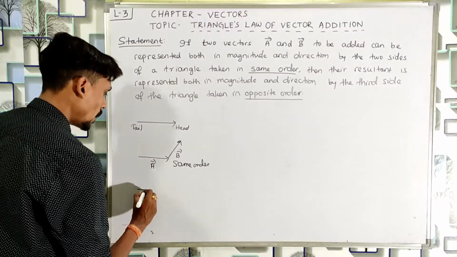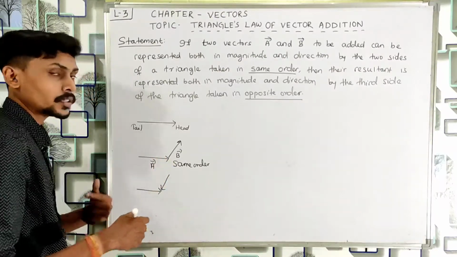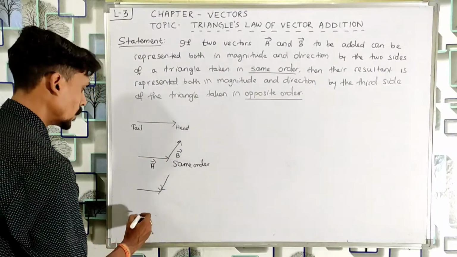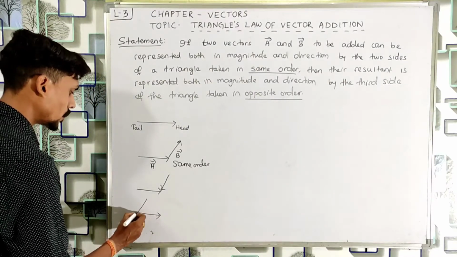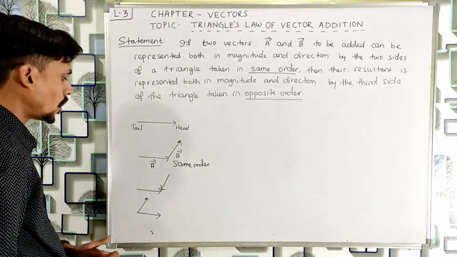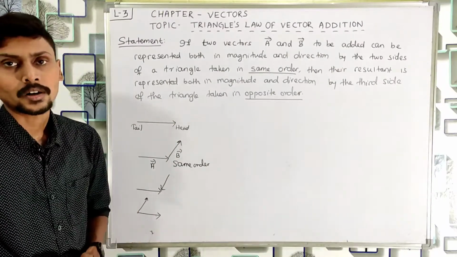But if the head of one vector is connected to the head of the other vector, or the tail of one vector is connected to the tail of the other vector, then they are said to be in opposite order.